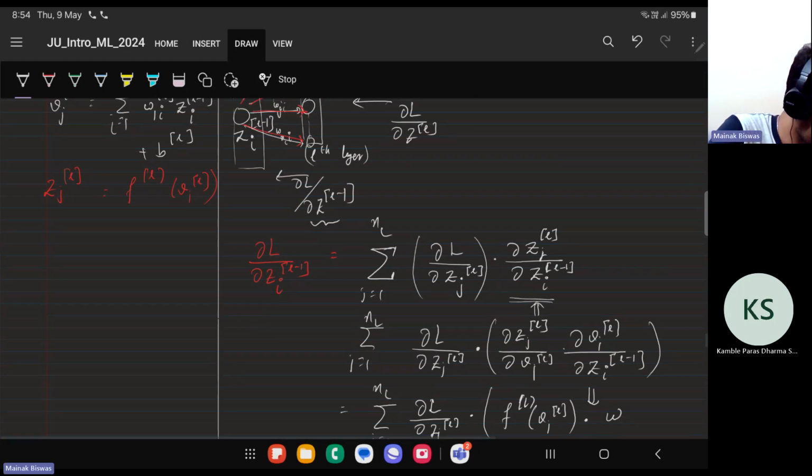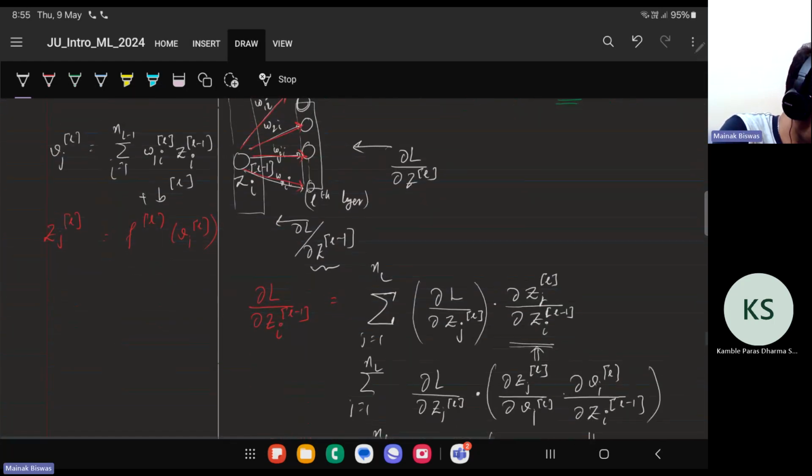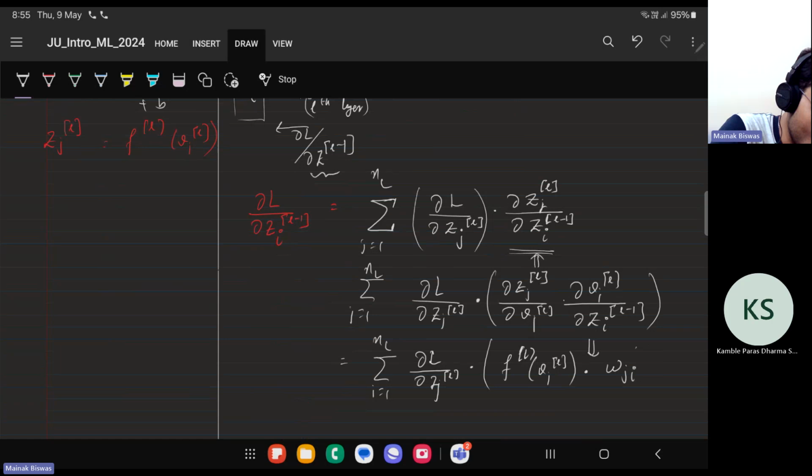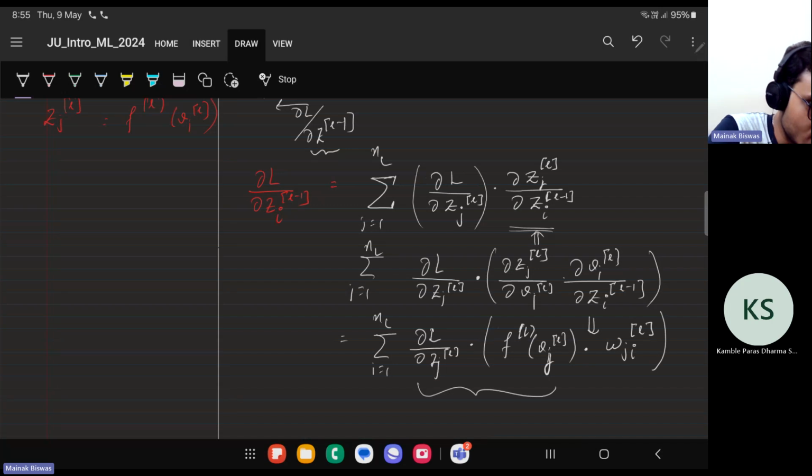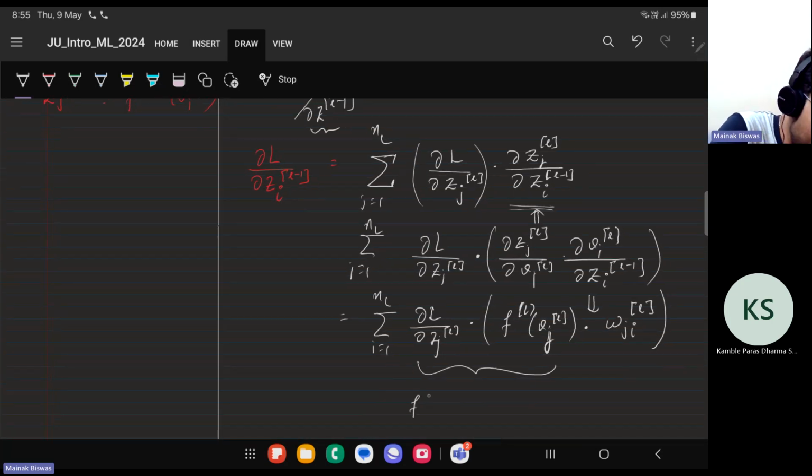If you take the derivative of V_j with respect to Z_i, you have W_ji of layer L. Excellently put. So you see, again, you have the same formulation that we defined in the previous example. You have these two products, again this Hadamard product, F prime of V_j of L, Hadamard product with dL/dZ of L.